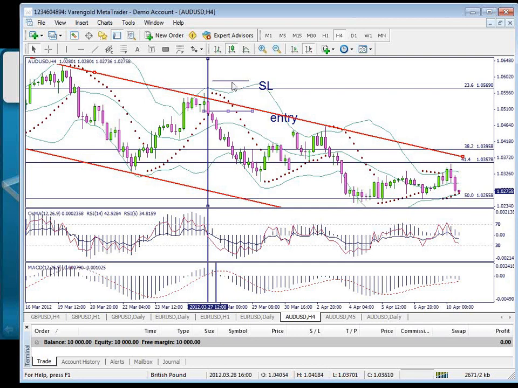In this case, we have to adjust the stop loss to be just a few pips above 23.6, above the Bollinger Band, maybe at the last high that the pairs made.